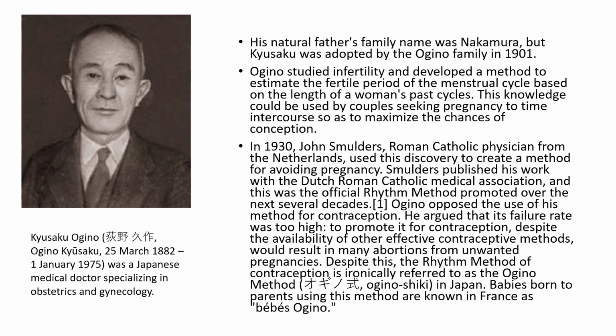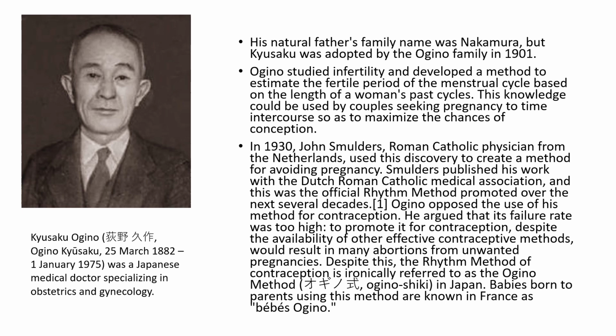In 1930, John Smulders, a Roman Catholic physician from the Netherlands, used this discovery to create a method for avoiding pregnancy. Smulders published his work with the Dutch Roman Catholic Medical Association, and this was the official rhythm method promoted over the next several decades. Ogino opposed the use of his method for contraception.